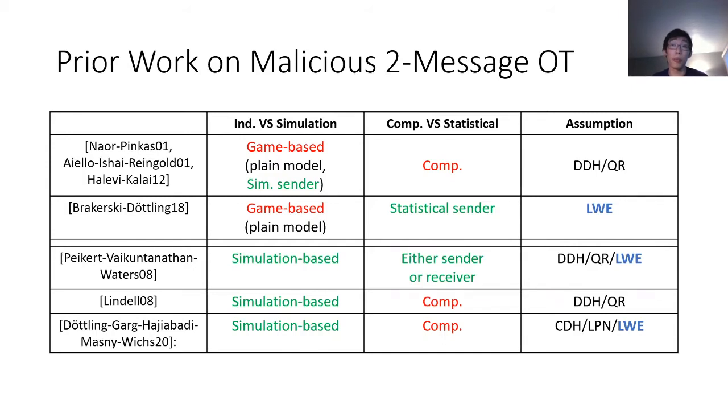In particular, there are particularly few constructions from LWE. So what we'll be concerned with in this work is the work by Peikert, Vaikuntanathan, and Waters that has the most green cases, so that's good. So we'll try to look at that.